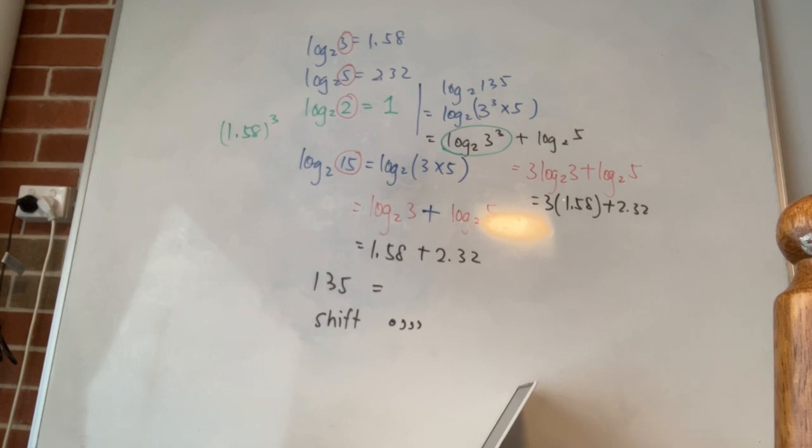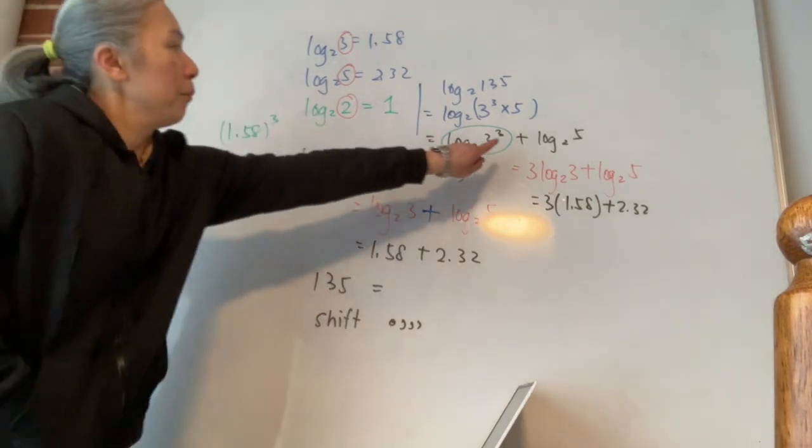So write 135 as that. Base 2, plus log base 2 of 5.